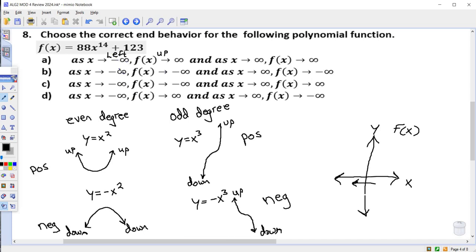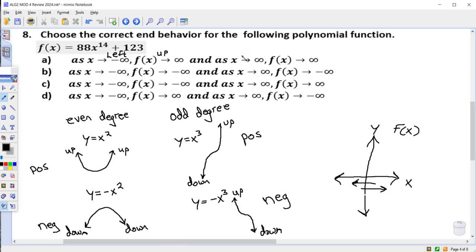So which one does this match? On the left end of the graph, it's saying we are going up, just like this right here. And as we go to the right, as x approaches positive infinity, we're going to the right. So the numbers get bigger and bigger, all the way to positive infinity.